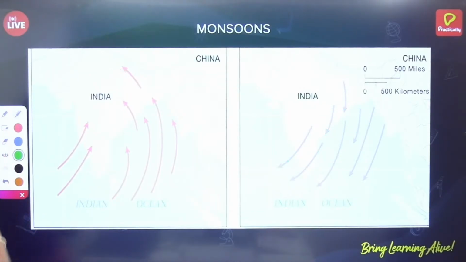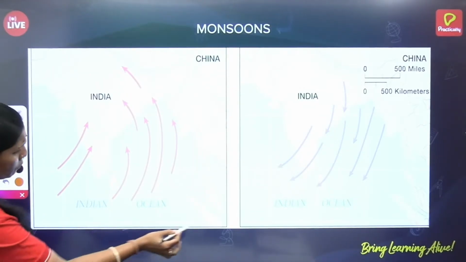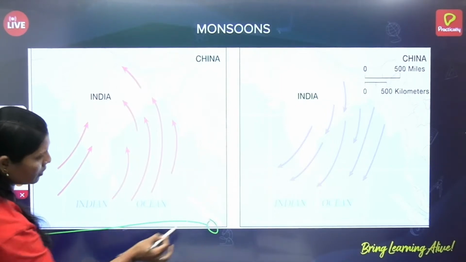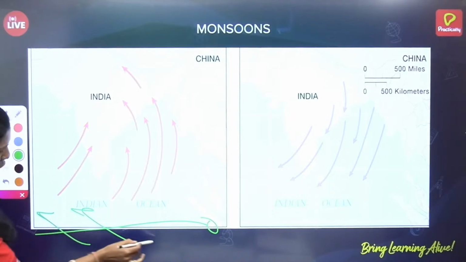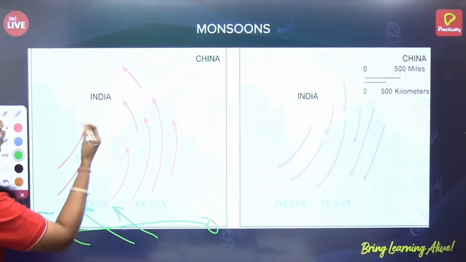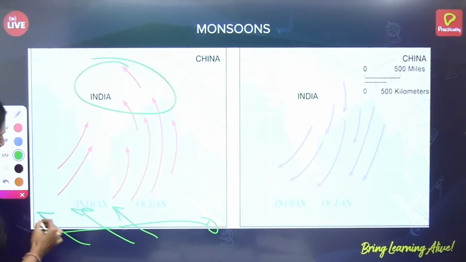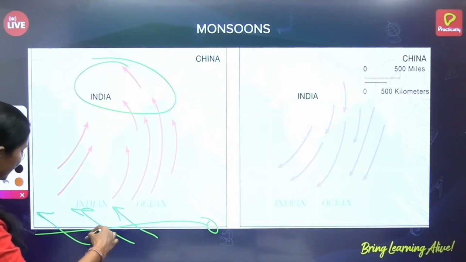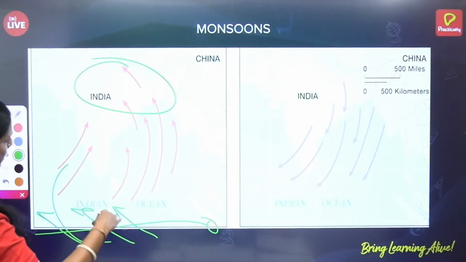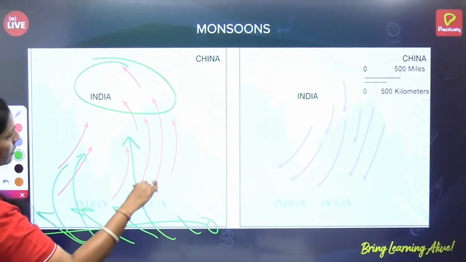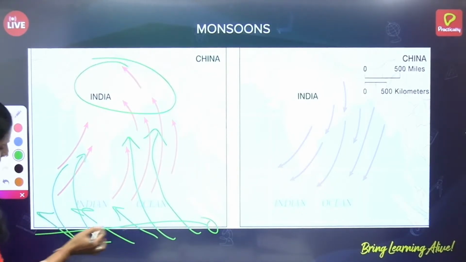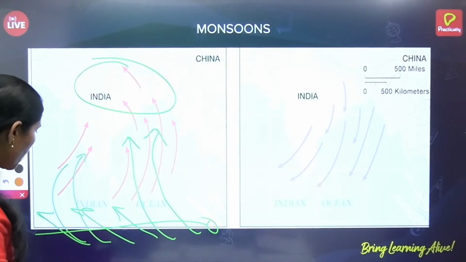Here you can see, from the equator the winds have to travel in this direction. But due to the low pressure created in these areas in the month of June, these streams get deflected like this. These are called monsoons, southwest monsoons.